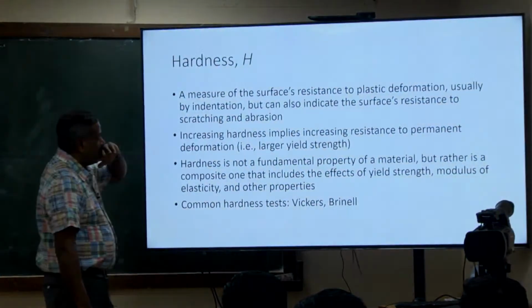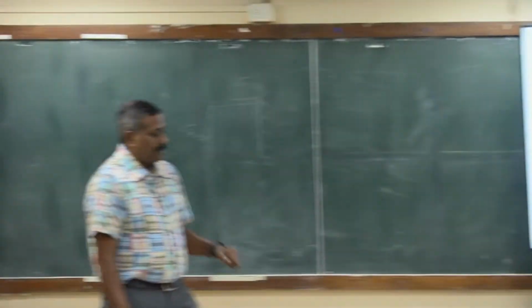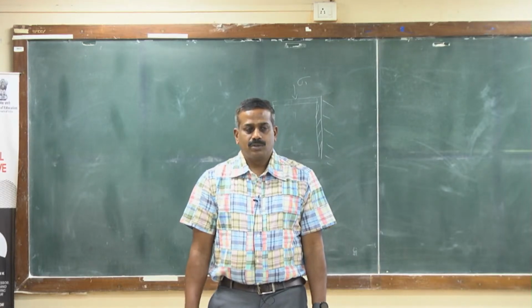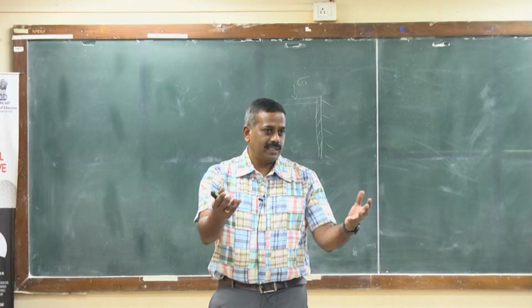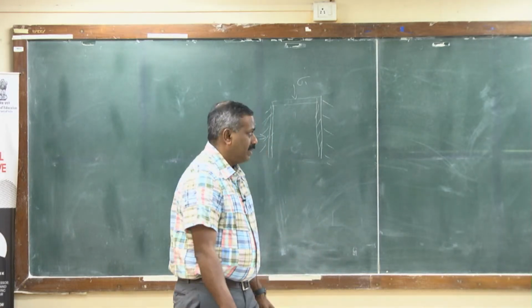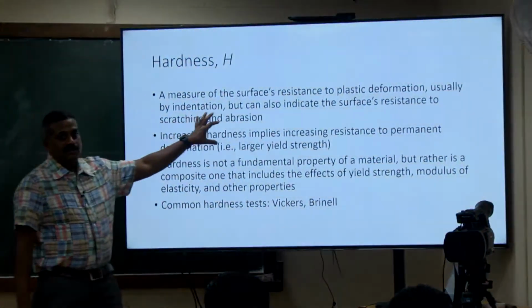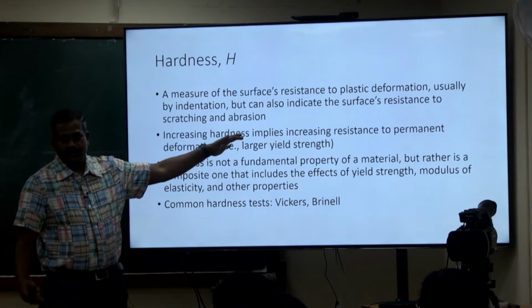So again, hardness is the surface resistance to plastic deformation. Mostly we use this when it comes to abrasive damage, like for example on the surface of fruits. If you want to avoid abrasive damage, the load should be lower than the hardness limit of the surface of the materials.